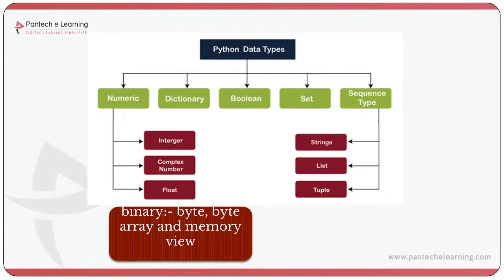Python does not have a character data type. A single character is simply a string with a length of 1. Square brackets can be used for string data types.